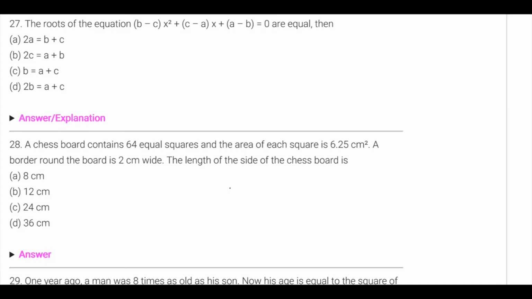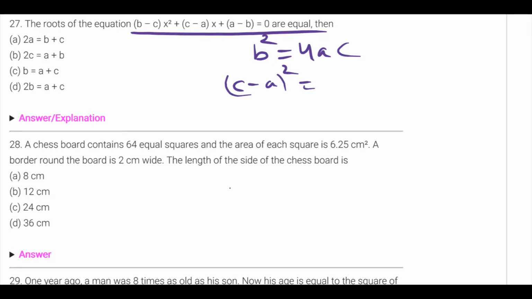Question number 27. The roots of the equation are equal, then find the condition. So for this, b square equals 4ac, which is (c minus a) whole square equals 4 into (b minus c) into (a minus b).